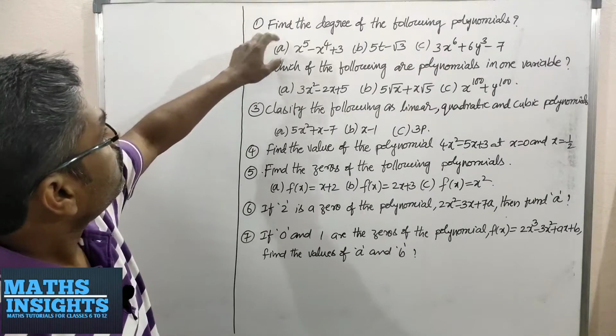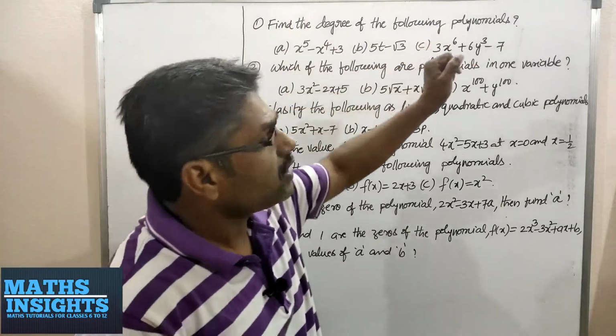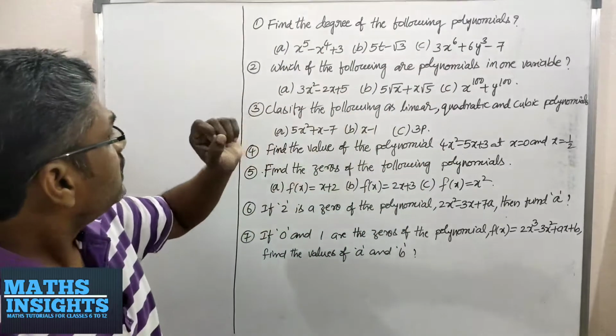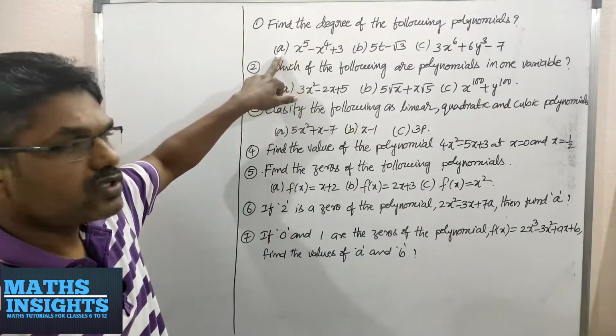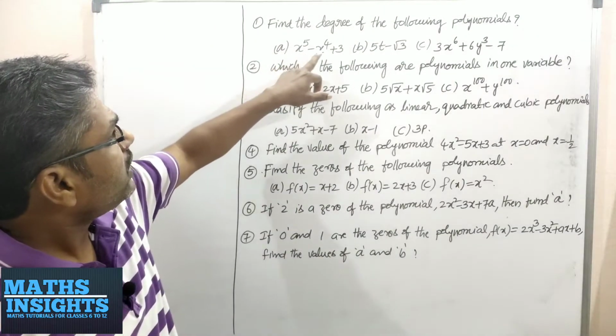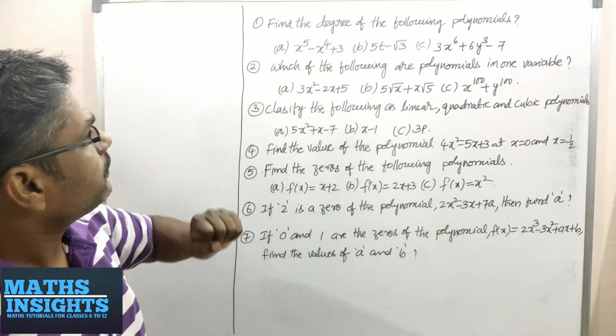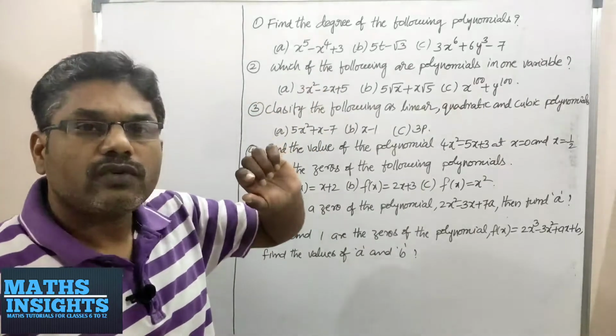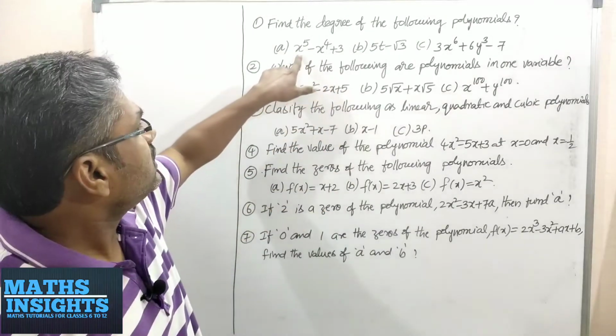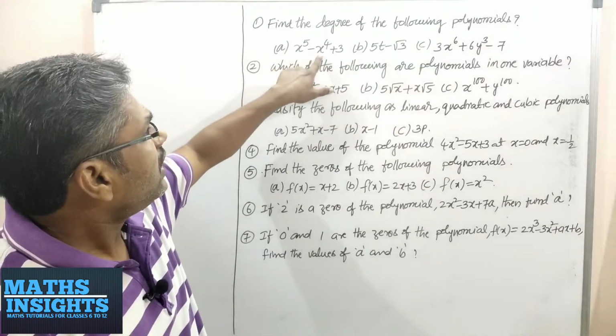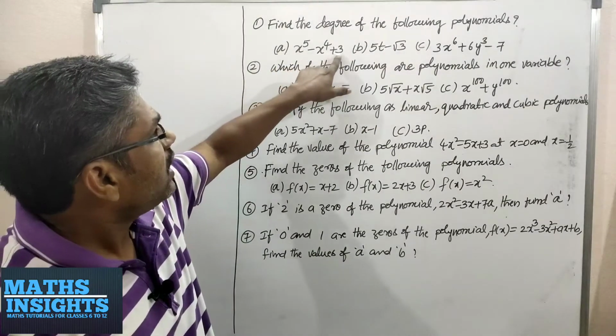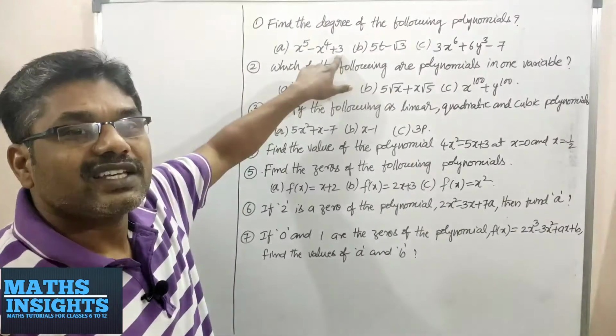First one is, find the degree of the following polynomials. If you see the first question, x power 5 minus x power 4 plus 3, the degree of this term is 5, the degree of this term is 4, and the degree of this term is 0. Why?